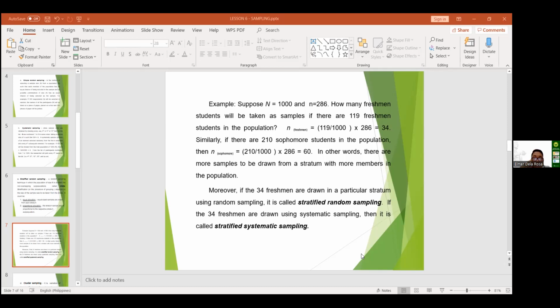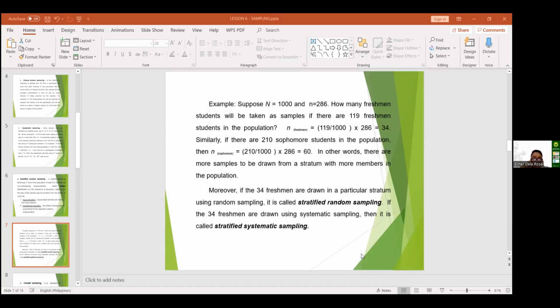Kung yung pagpili ko ng 34 ay random selection, dahil fishbowl, ang tawag na natin sa kanya ay stratified random sampling. Ini-stratify ko muna, tapos pumili ako in random. Okay? Pinag-combine ko yung elements ng stratification at saka ng random. Ang tawag doon ay stratified random sampling.